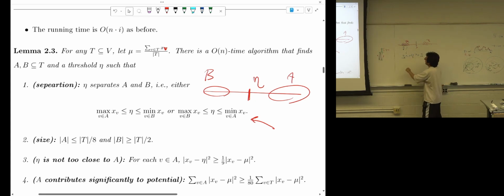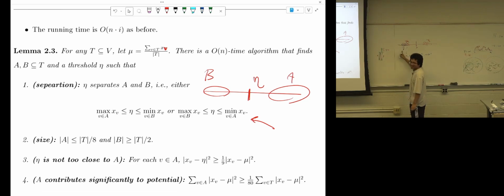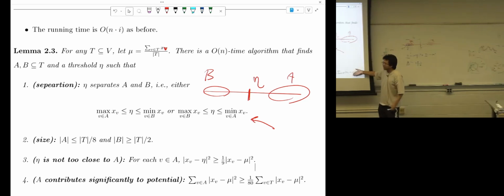And if I take the furthest t over 8 guys, let me call this the left part, and this is now my A. This thing is P over 2, but if you now sum over A, the same thing here is going to be P times 1/4, because it's the 1/4 fraction that contributes the most to the potential. So you're going to certify this too.